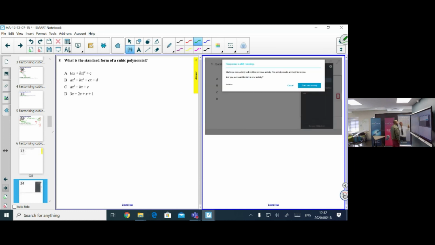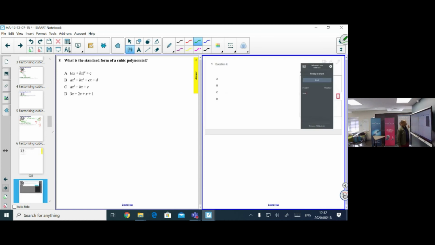Okay, so you see that the standard form of a polynomial, you have to make sure that it will follow what proves that it is third degree. So for starters, we cannot have this.